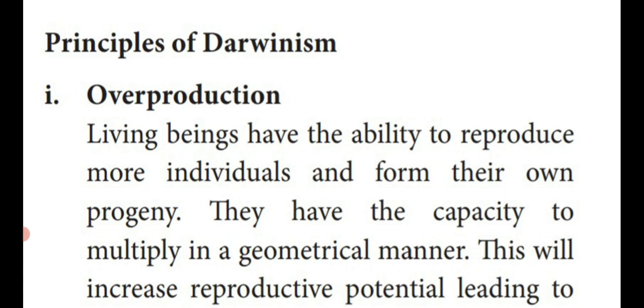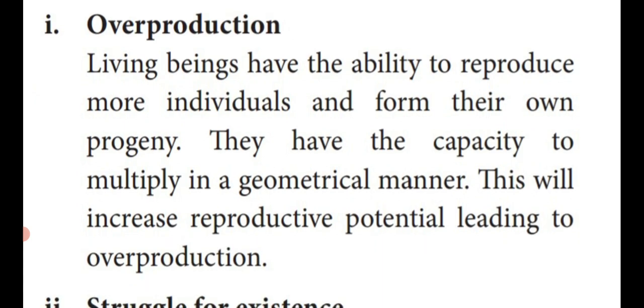So the first principle of Darwinism or the theory of natural selection is overproduction. That means living beings such as plants and animals have the ability to reproduce their own kind, which is known as reproduction. And we all know that all living organisms give birth to young ones.